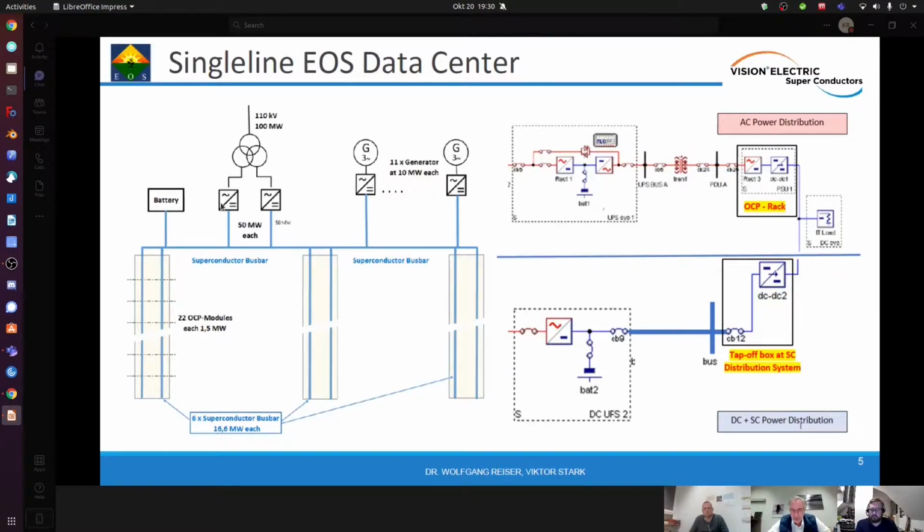Of course, that high efficiency is reached by a lot of redundancies, and redundancy here in this case could also be a case. And of course, here we also show some redundancies. If the grid has a failure, has a blackout, then, for example, the generator units are coming up and supplying the power to the data center.